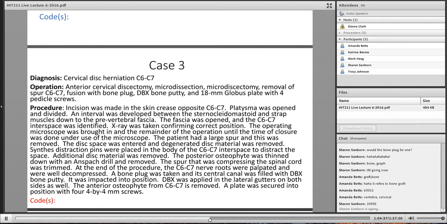Okay, bone graft, and you went to cervical. Oh, I see. Okay.